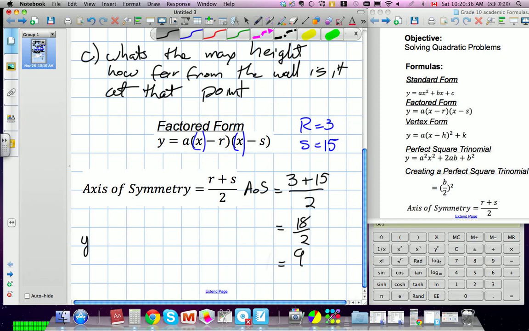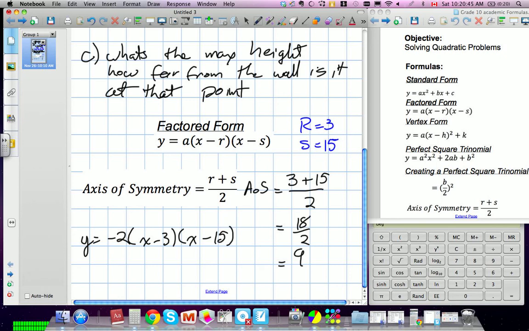Yeah, we're going to plug 9 in now. I was just rewriting the formula. So now we're going to replace both the x's with our 9, because we know that that's the axis of symmetry, which is also the x value of the vertex. So we're going to get y is equal to negative 2 times 9 minus 3 times 9 minus 15. That's going to give us negative 2 times 6 times negative 6.